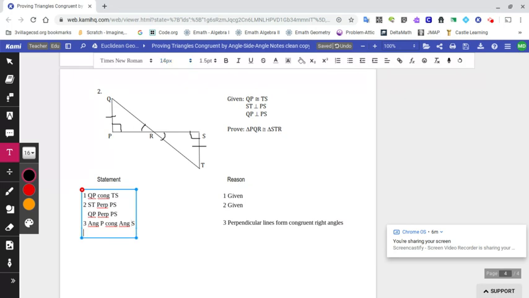Okay, 4. I can say angle QRP is congruent to angle TRS. Let me just put in some spaces here.